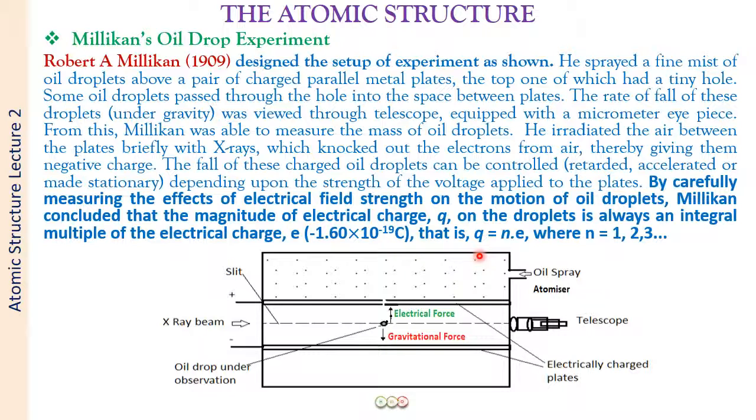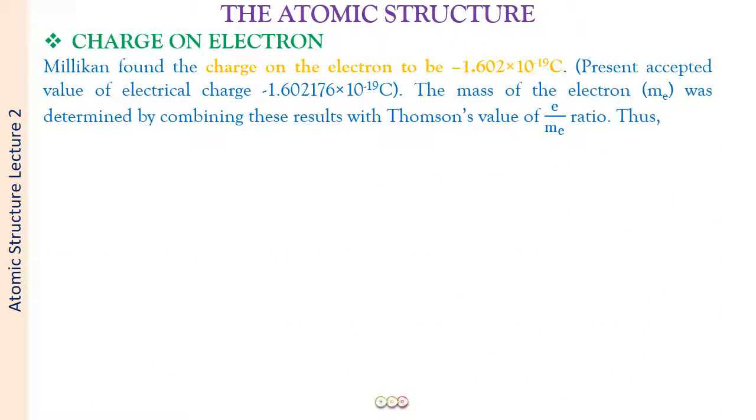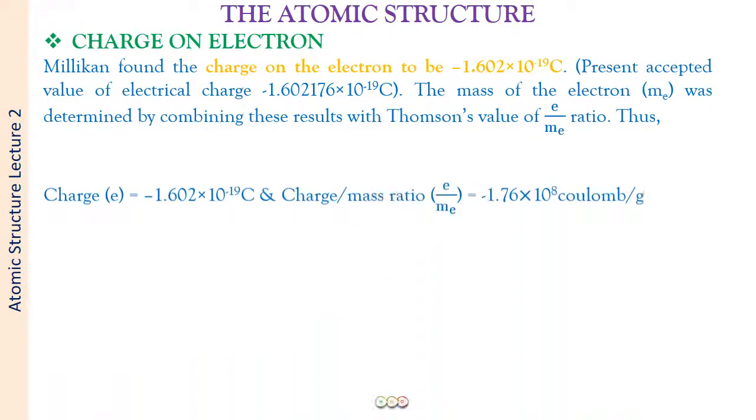So this means that the oil droplets all had different charges, but basically the charge was a multiple of this number. It could be 1, 2, 3, whatever, but it was always a multiple of this charge, which was minus 1.60 × 10^-19 coulomb. So this was the charge he found.